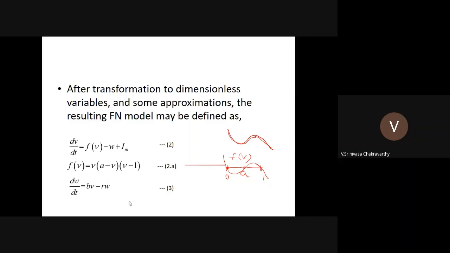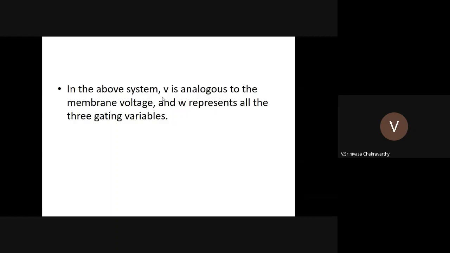So you have bv minus rw, and both b and r are positive numbers, assumed to be small in magnitude, less than 1. Like I said, v is analogous to the membrane voltage, and w, because it is absorbing the m and h variables also, represents the dynamics of the n variable.